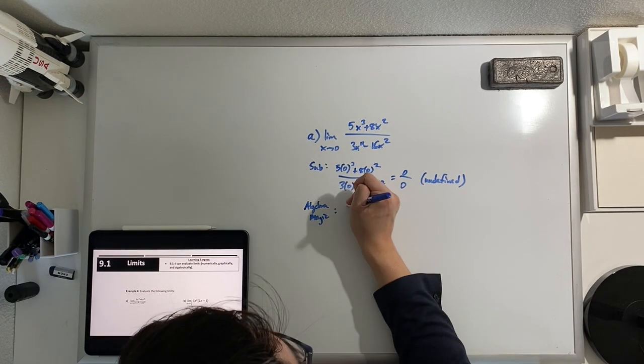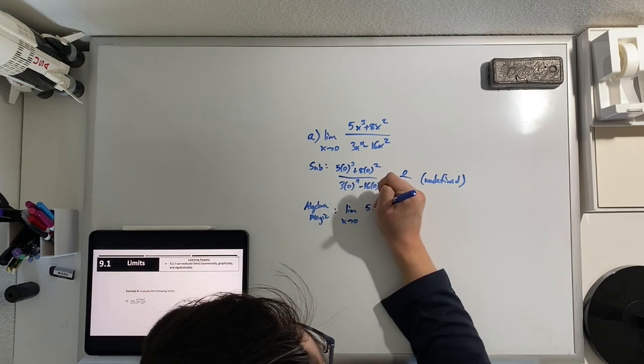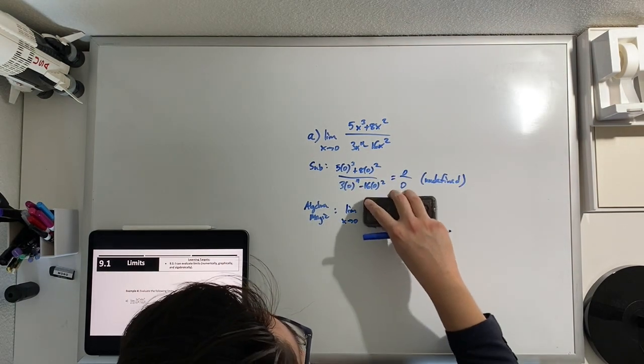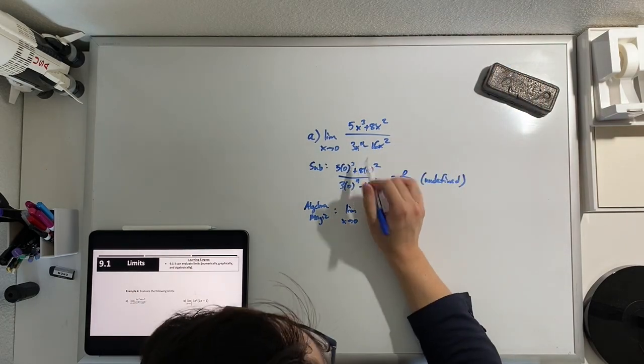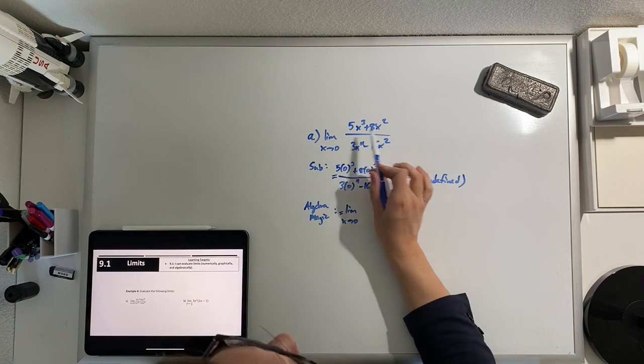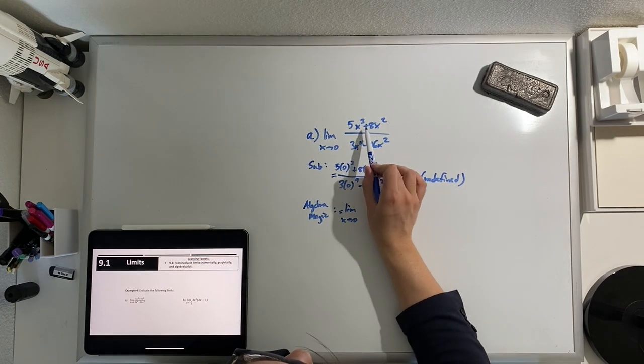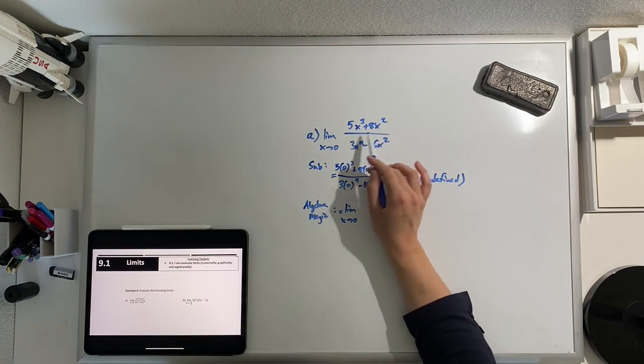All right, now with our algebra magic, we take the same limit, and we already have it up here. So let's think about how we can simplify this. Okay. Now, are there any greatest common factors we can take out here?